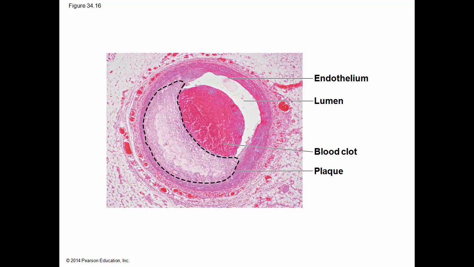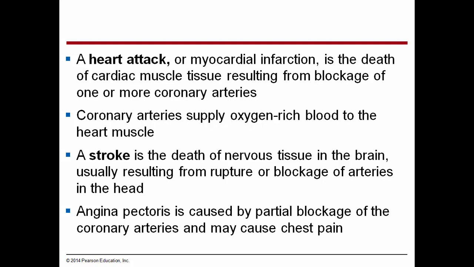Fragments of ruptured plaque can travel the bloodstream and become lodged in other arteries. If the blockage is in an artery that supplies the heart or brain, the result could be a heart attack or stroke, respectively. Heart attack, or myocardial infarction, is the death of cardiac muscle resulting from blockage of one or more coronary arteries.